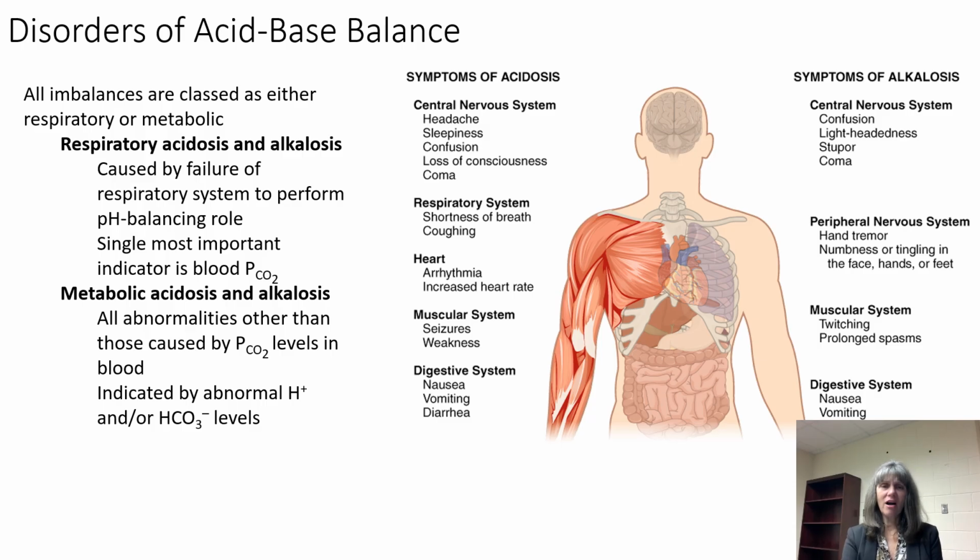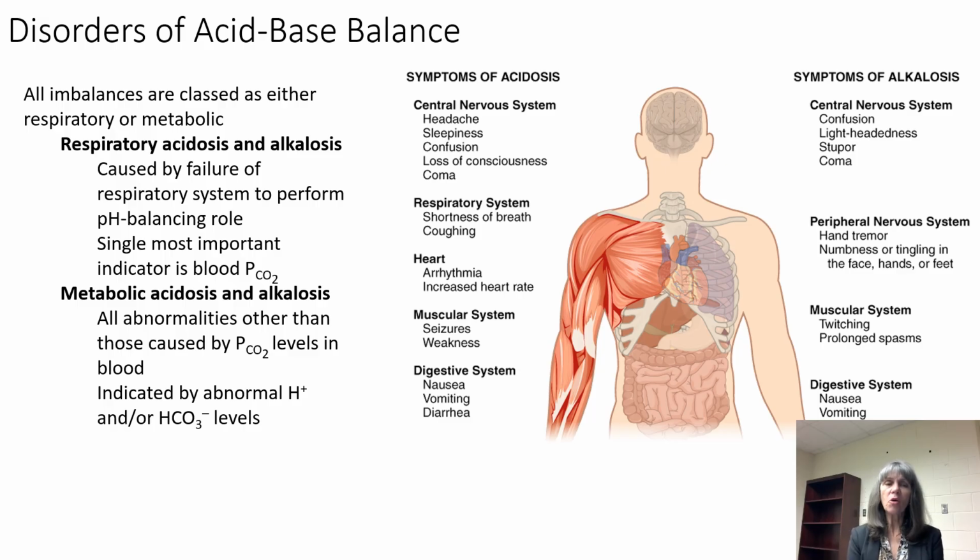Sometimes things go wrong, and all imbalances that occur with acid-base balance are classified either as respiratory or metabolic in nature. So respiratory acidosis and alkalosis can be caused by failure of the respiratory system to perform its pH balancing role.